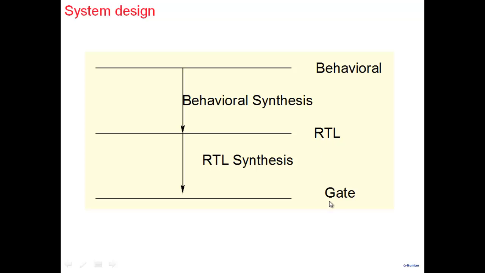You synthesize that, and then you arrive at a gate view of the whole digital system, a gate level description here. So this is an RTL level description, where you're only talking in terms of registers and how data goes from one register to the other. And this is some higher level description of what it is that you want to do. Okay.